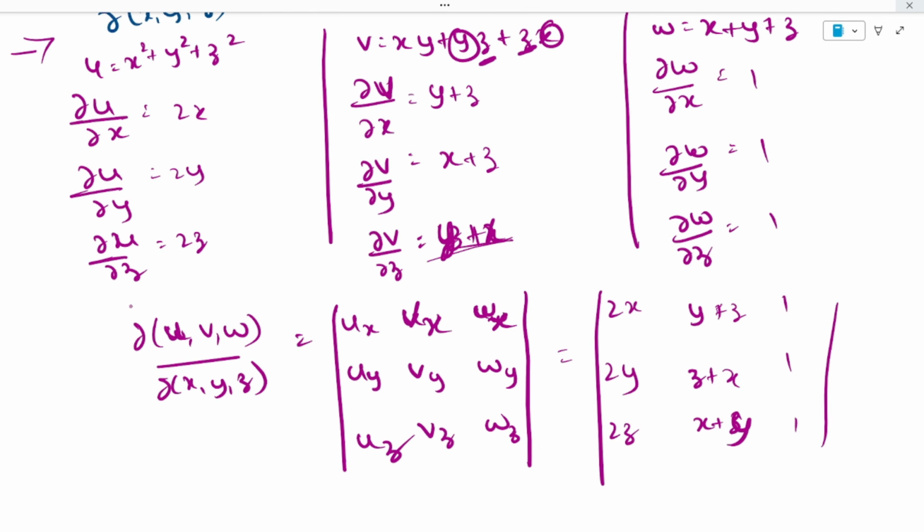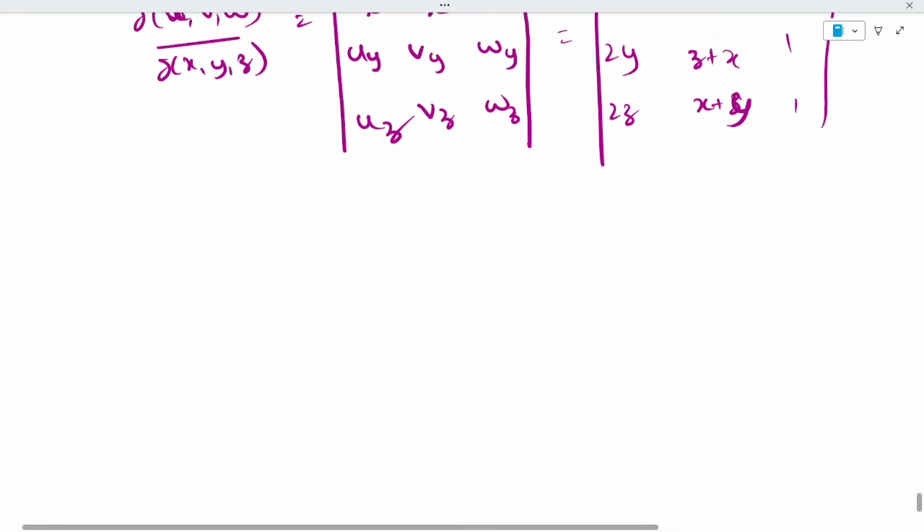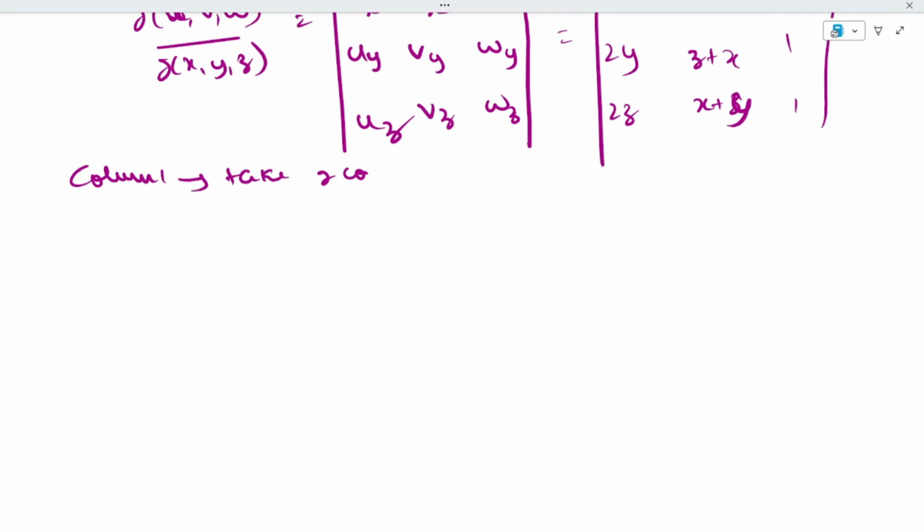Next, what you need to do is take out the common term from C1, that is column 1, take 2 common. That will be R2 minus R1, and R3 will be R3 minus R1.